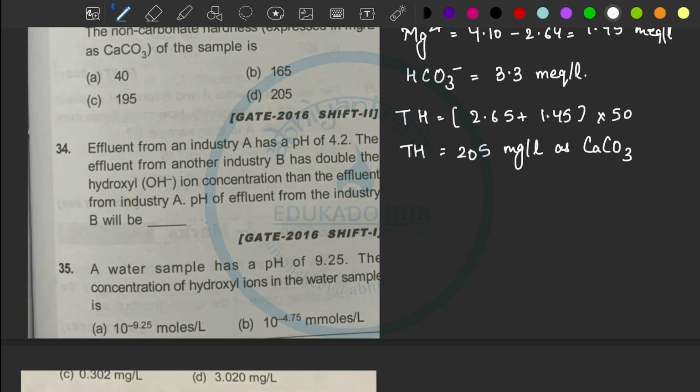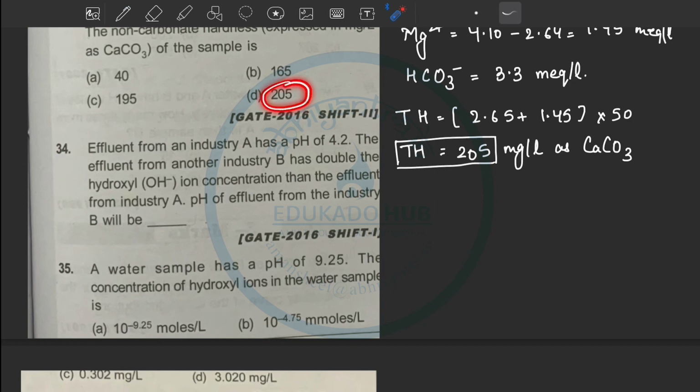This value is there in the options, 205 milligram per liter as CaCO3. If in a hurry we tick this because we got some answer, it will be wrong, so we need to be cautious before ticking any answer. So this is total hardness. Now we want to know total alkalinity, because I need to check carbonate hardness as well.